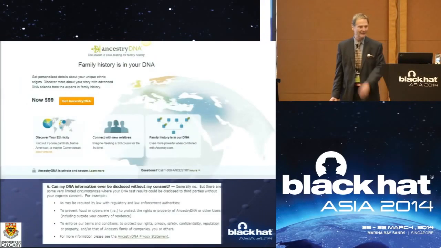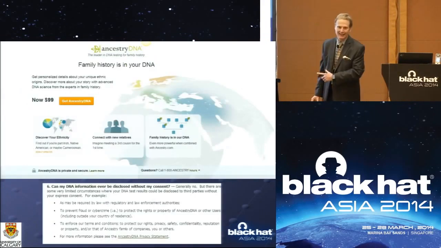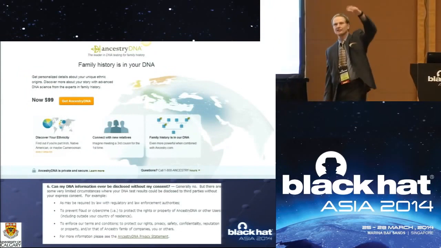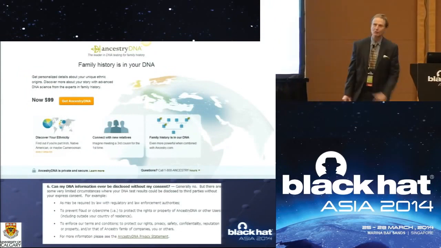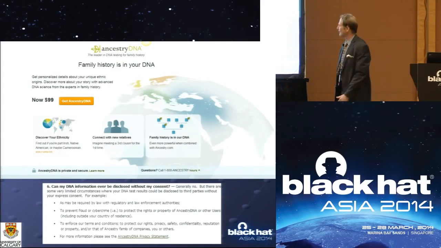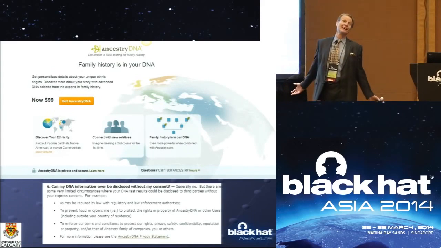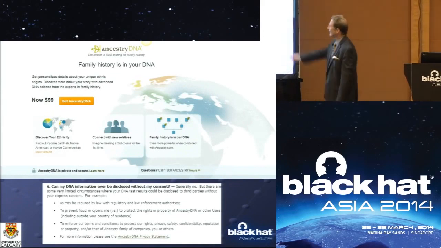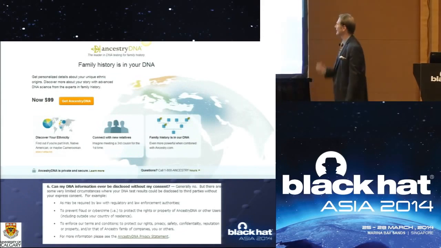But their newest thing is they want your DNA. So if you send them your DNA and $99, they will work your ancestry back to Adam and Eve or whatever. They'll really carry it back to the beginning. But of course, then they've got your DNA. And you say, well, yeah, but they said they'll be careful. Can my DNA be disclosed without my consent?